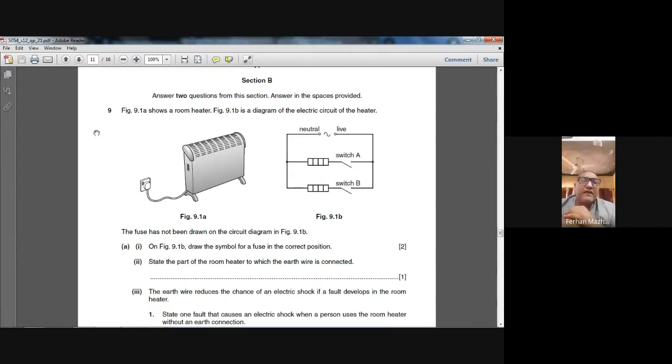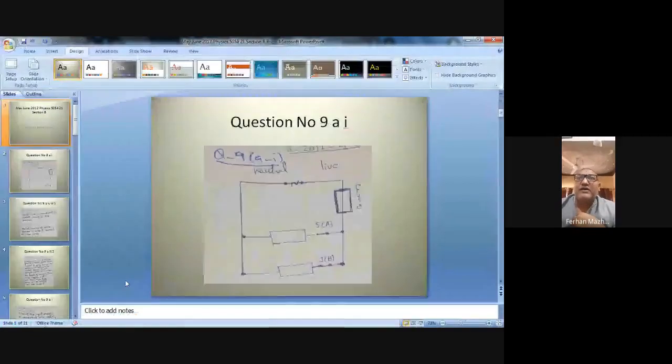You see, the fuse is always connected in the live wire. So we will connect the fuse in the live wire. I have done this on my paper. Let me show you my work. Here we go.